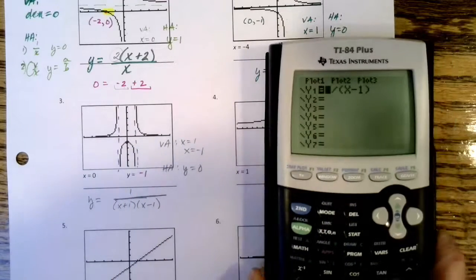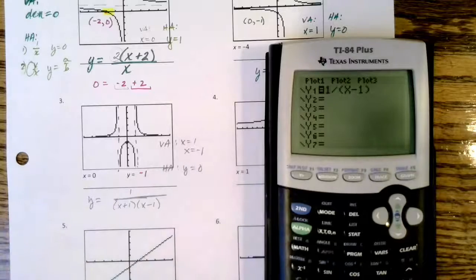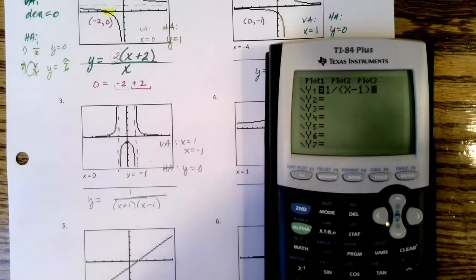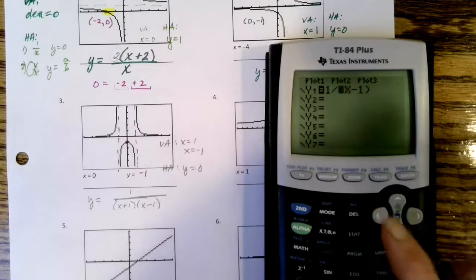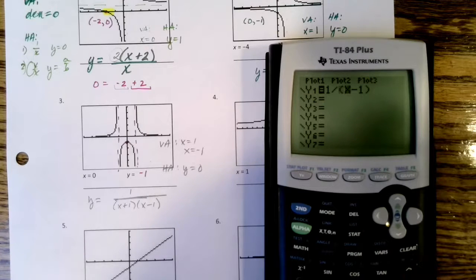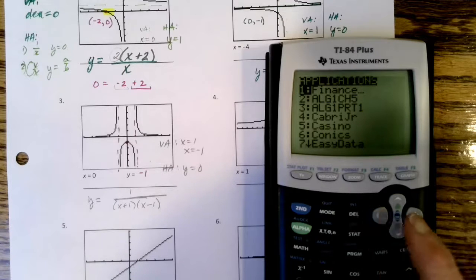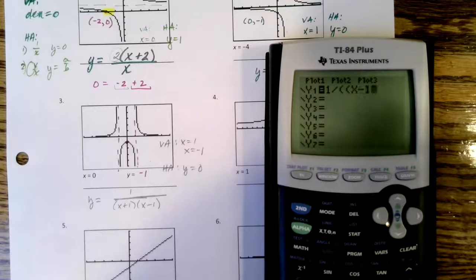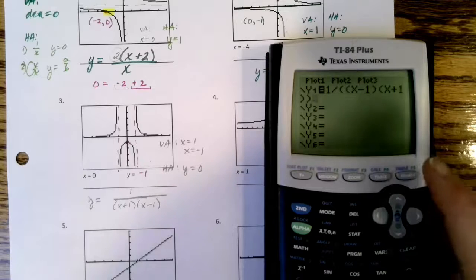So if I have in my graph 1 over x minus 1 and I add to it, let's see, we have to have parentheses and then another parenthesis, no, not that button, x minus 1 inside this parens times x plus 1, because I want to keep that whole denominator together, so 2 parens.